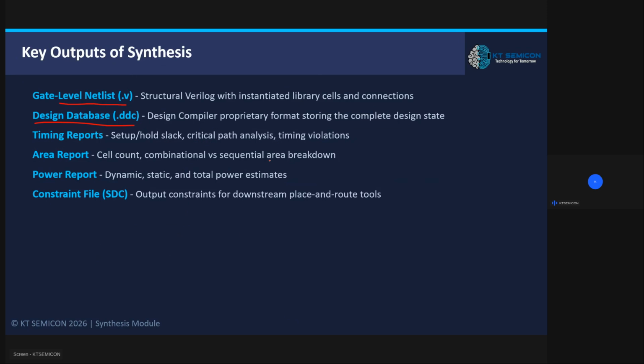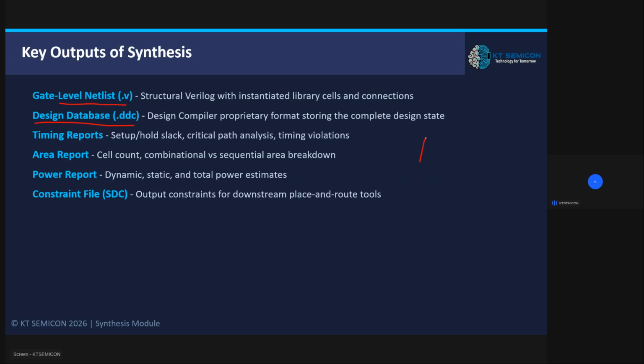How this process goes, each and every point is present in this .ddc file. It stores the complete design state. Up to now we have analyze, elaborate, and compile steps.